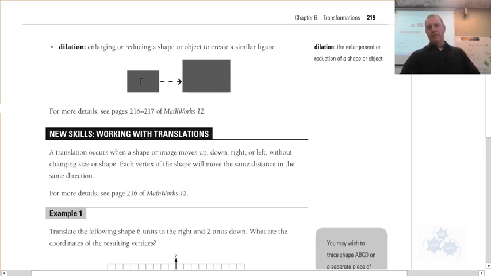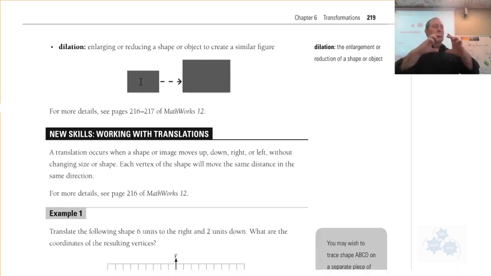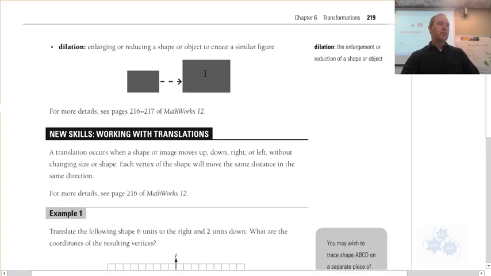So it's not a stretch or a contortion or a twisting or anything like that. It's simply taking the original proportion of dimensions and making them bigger. So it's really the same shape but bigger, or the same shape but smaller. So a dilation is the enlargement or reduction of a shape or object.